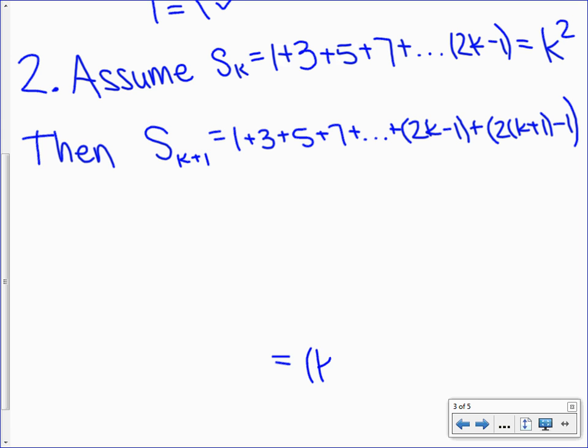Exactly. So I'm going to write that right here. If I can show that the sum of the first k plus 1 terms is k plus 1 squared, then our proof is done. So I wrote the sum, and then I plugged k plus 1 into here.